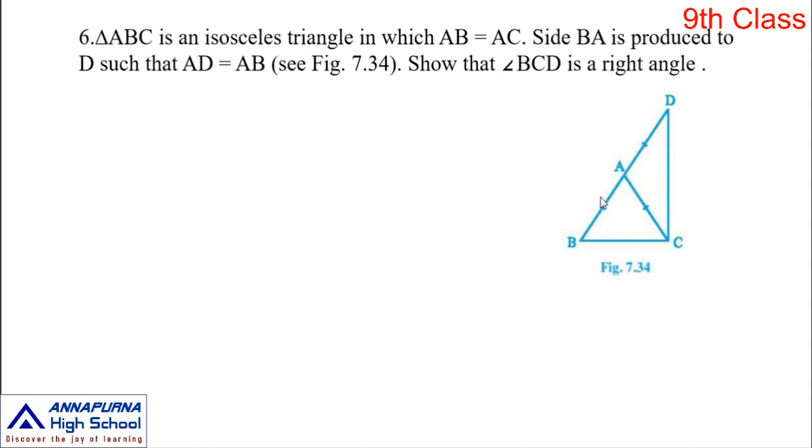Side BA is produced to a point D such that AD is equal to AB. These two sides are equal.